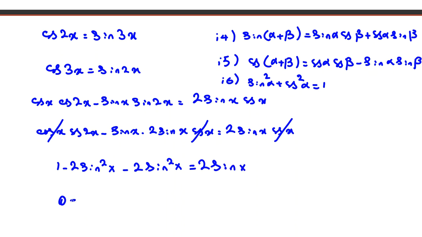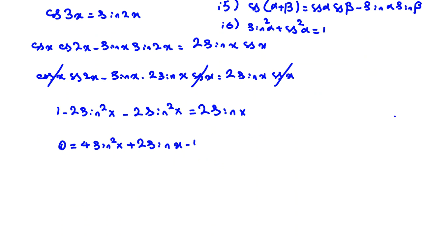Now, if you take all things to the right side, it will be 4 sine squared x plus 2 sine x minus 1 equals 0. If we use the quadratic formula, again, before the exam, I said all these things, quadratic formula, and here we want to use that.